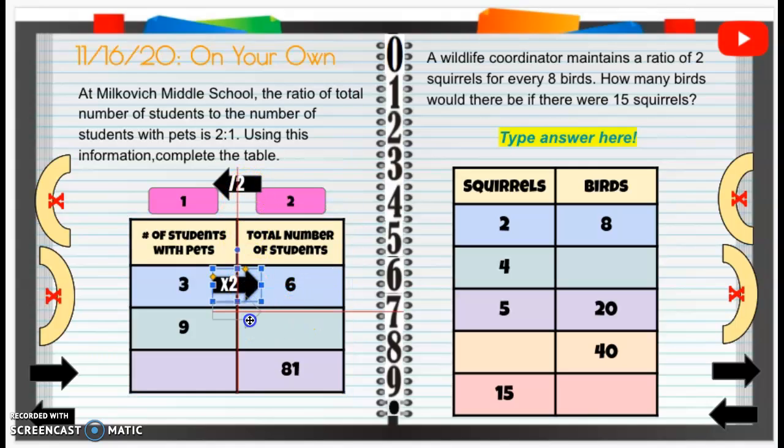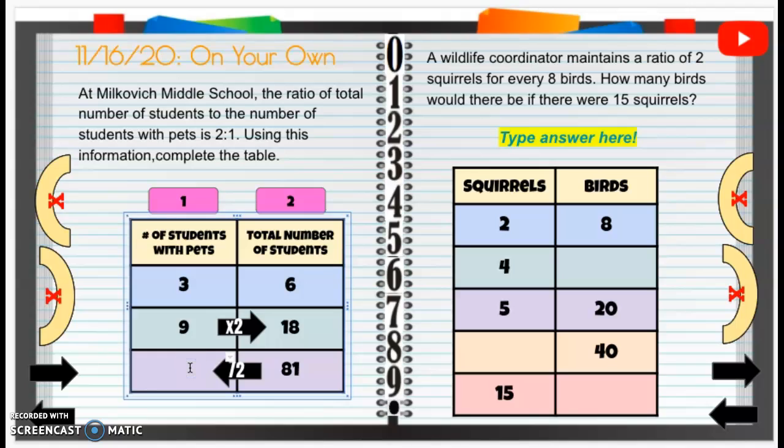Same thing with this one. 9 times 2, 18. Now this one is going this way. So 81 divided by 2. What times 2 is going to be 81?